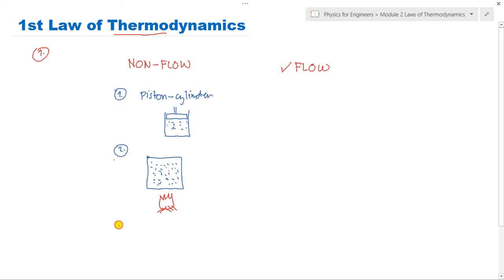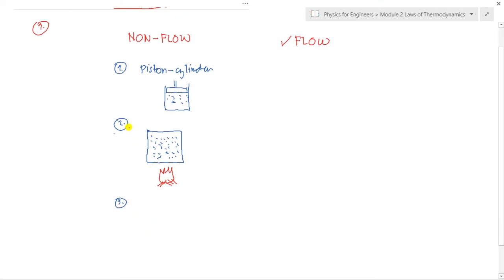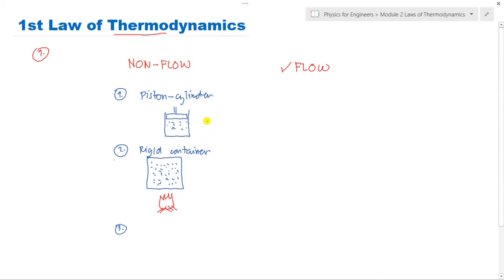And what else? Third. This one is for rigid. Rigid container, or evacuated or insulated rigid container. This is so you don't get confused, because these are common examples of problems in thermodynamics.